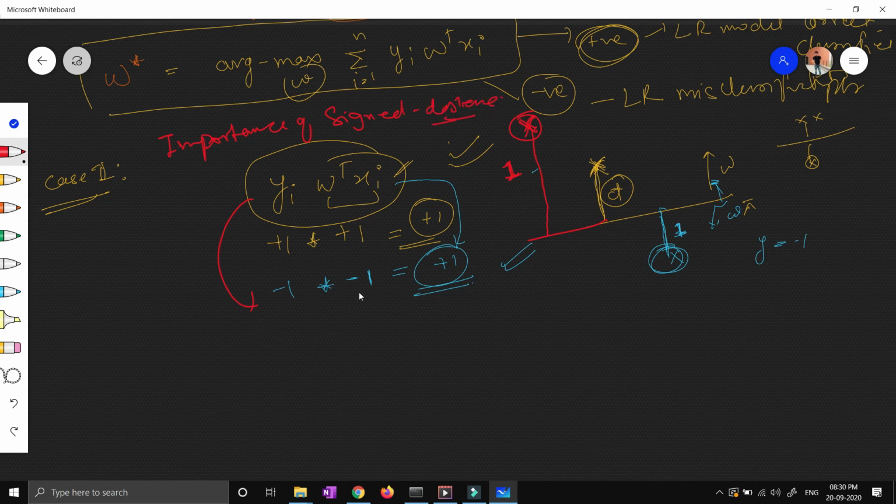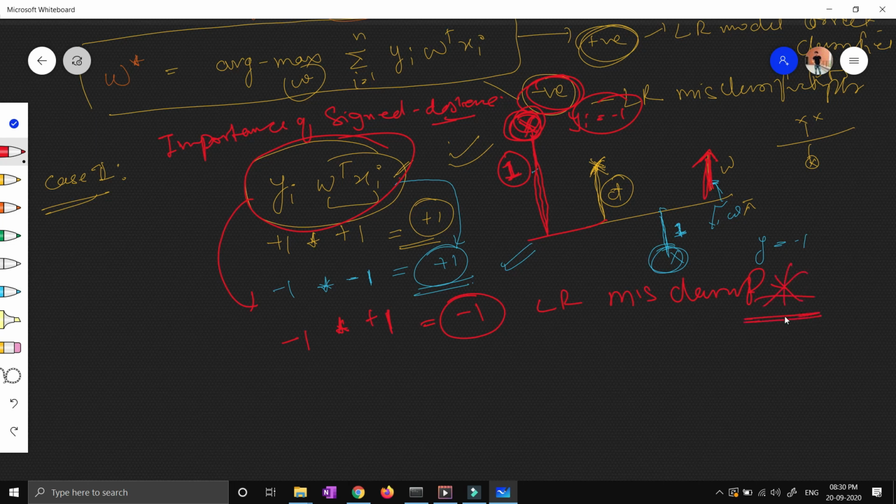We know that this particular point is actually a negative point, so my yi value will be -1, multiplied by the distance, which is 1. But because this is an outlier and it is in the same direction of W, this distance will be positive, and -1 times +1 will be -1. You can see that if this particular value is negative, then we will say that logistic regression misclassifies.